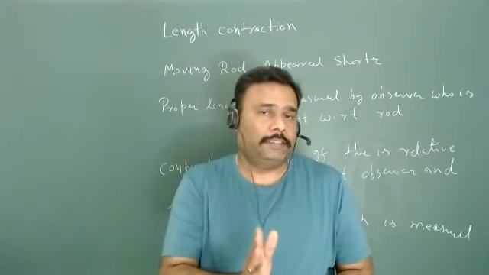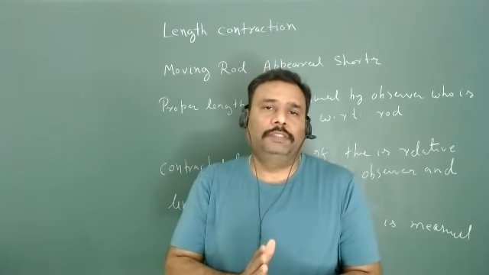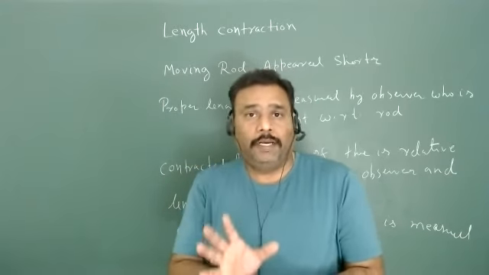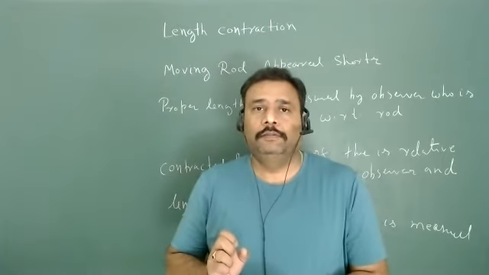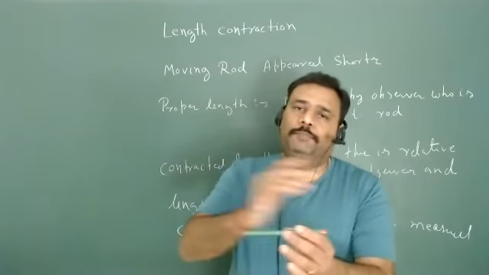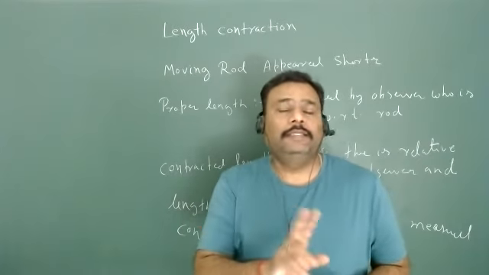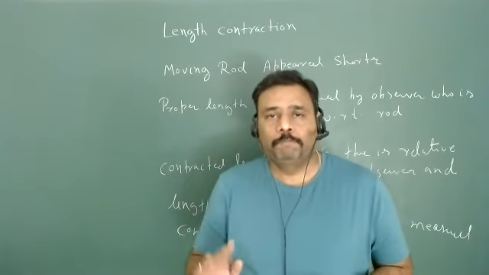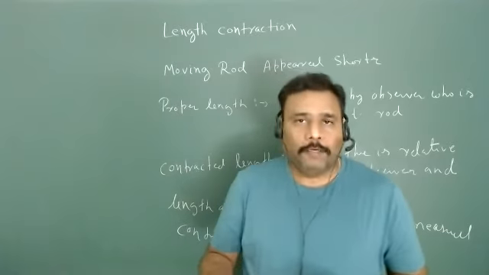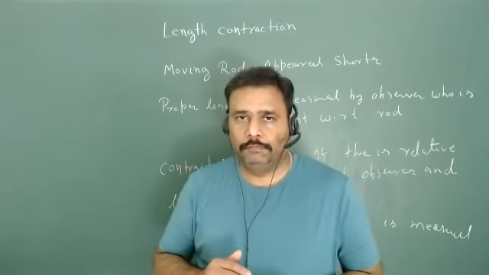So it is very interesting. When there is no relative speed, proper length is uniquely defined, by the observer who is at rest with respect to the rod. But contracted length is not uniquely defined. It depends on what the relative speed is between the rod and the observer.